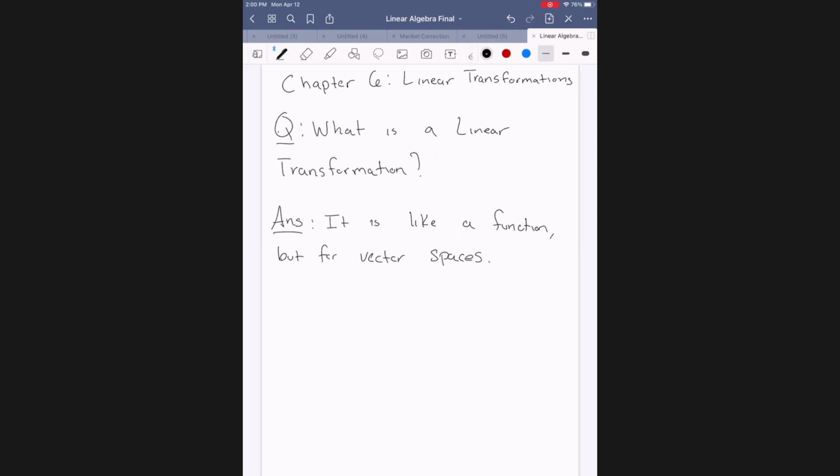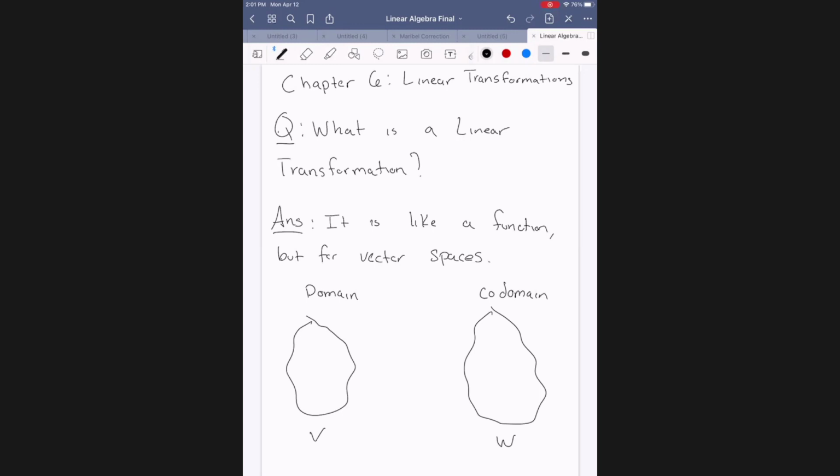Okay, since it's like a function, then we have the concept of domains and ranges or images, right? So here's my V, let's say this is the domain, and here's my W, and this would be the codomain in this case.